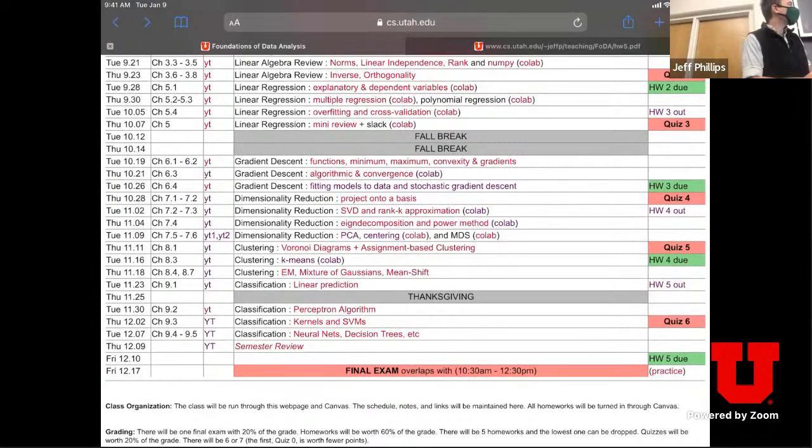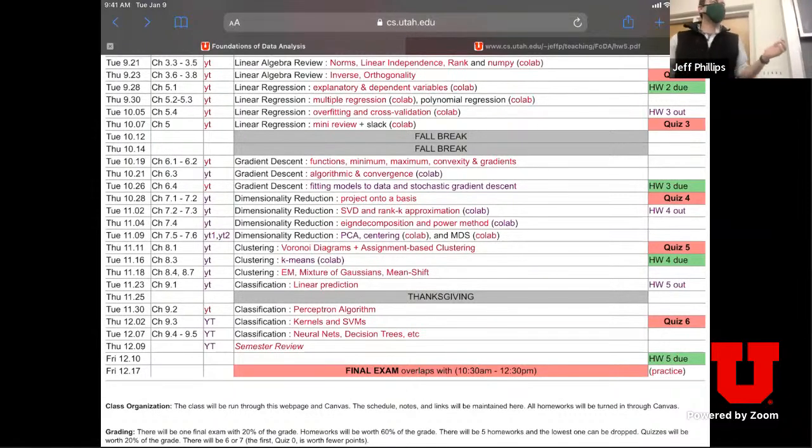Again, this quiz will be on all of clustering and the first two lectures on classification. I wanted to check if there were any particular questions people had about the material that's going to be covered on the quiz before we dive into the material for this lecture.